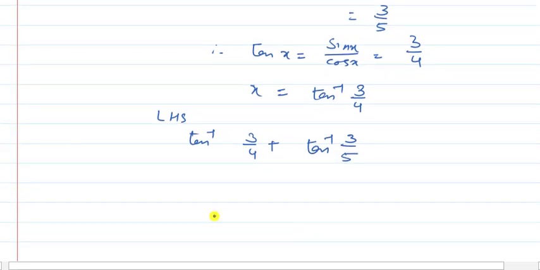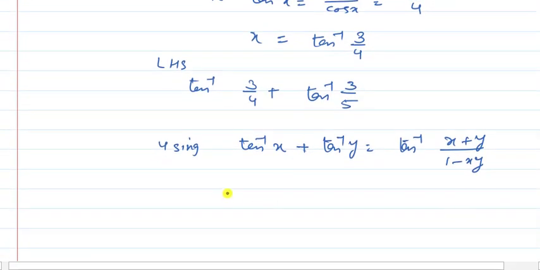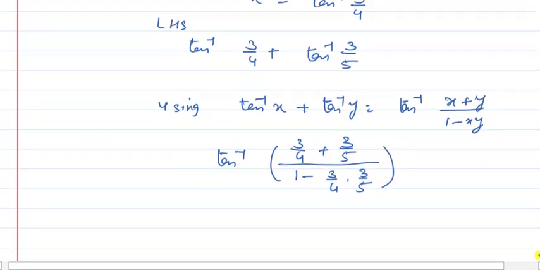Now using the property tan inverse x plus tan inverse y is equal to tan inverse of (x plus y) upon (1 minus xy), we are getting tan inverse of (3 upon 4 plus 3 upon 5) upon (1 minus 3 upon 4 into 3 upon 5), and we calculate the result.